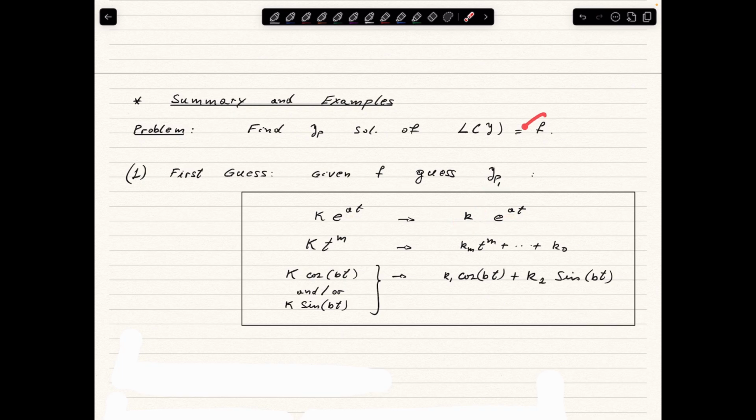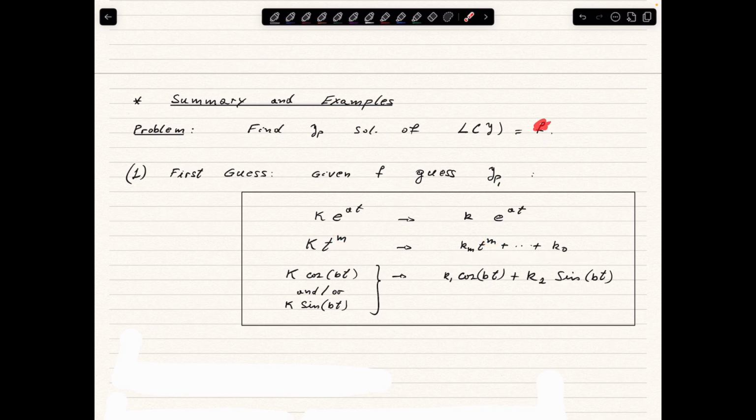What happens if we have a different function f, for example, a power function? So suppose here we have something of the form 7t squared. Well, in that case, you see K is given, 7, and this is a 2. So what trial and error says is that you need to guess the whole polynomial starting with the same power.